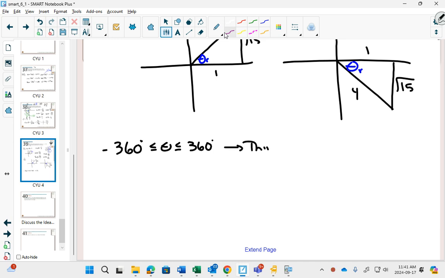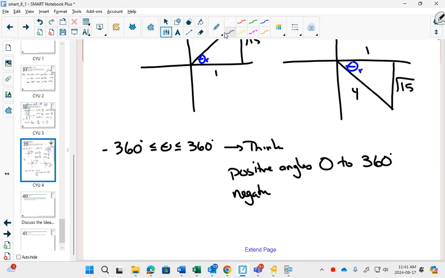I think positive angles 0 to 360, negative angles, I'm going to write it this way. It's different than our domain, right? If I would do domain, I always write the smaller number first to the bigger number. But when I'm thinking about angles in standard position, always start at 0.